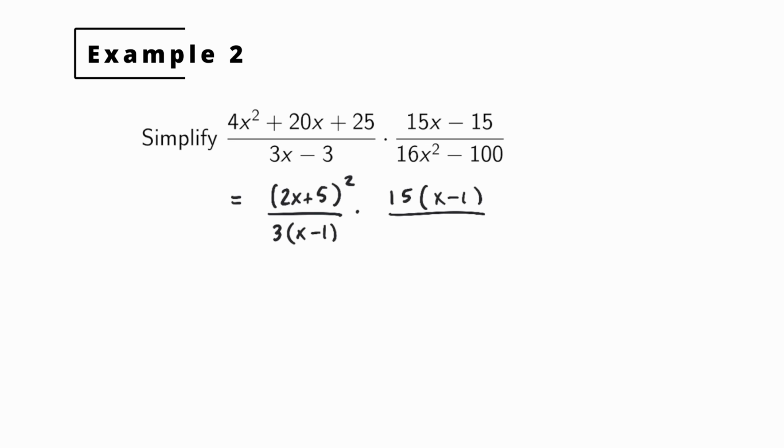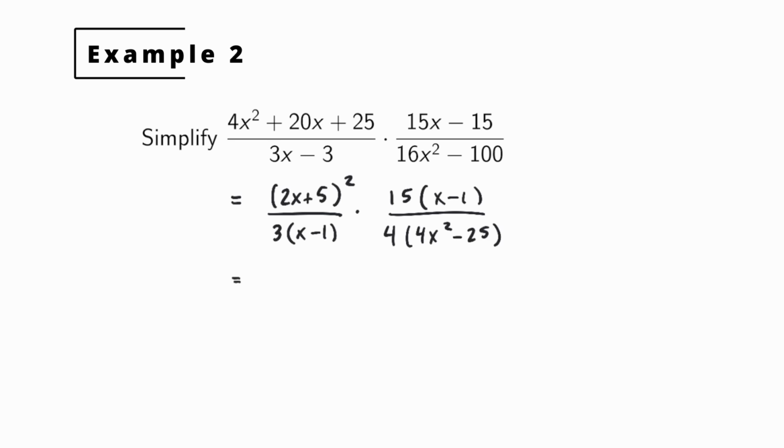In the denominator, that is a difference of squares, but before we factor as a difference of squares, we want to factor out the common factor of 4. So that leaves us with 4. Once we've factored out the 4, we'll have 4x squared minus 25, and that is still a difference of squares.